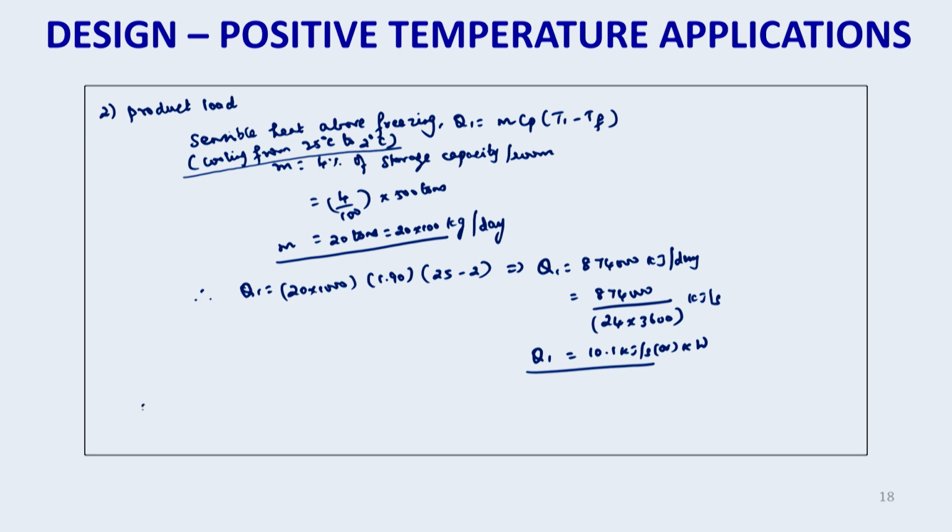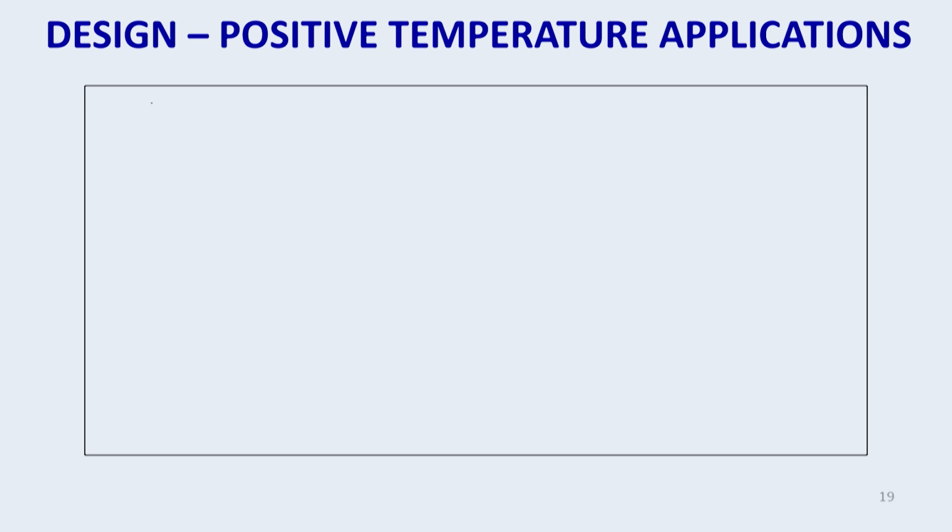Next, Q2 is equal to 0 and Q3 is equal to 0 since the product storage is above freezing. So we'll calculate the value of Q4, then we will find out the product load. Q4 is the respiration load.